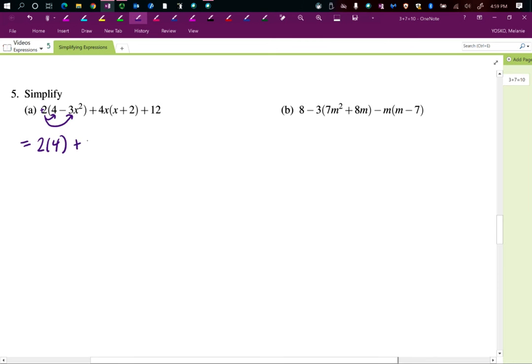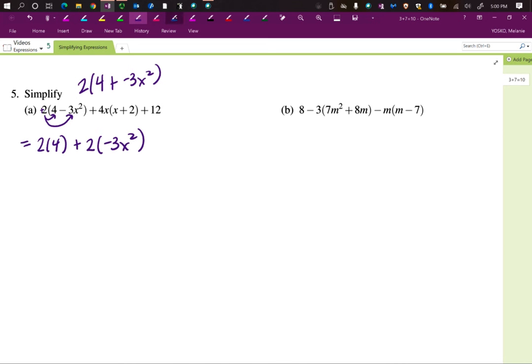So we also get plus 2 times the back term. In the back term, we're going to look at the whole thing, the sign as well, because this is the same as 2 times 4 plus a negative 3x squared, if you want to look at it like that. So 2 times 4, and then plus 2 times the negative 3x squared, like that.